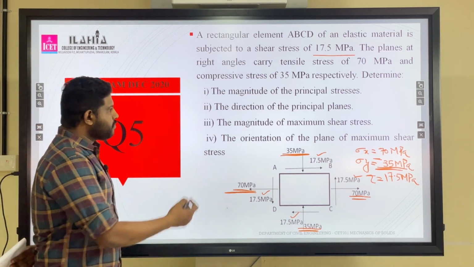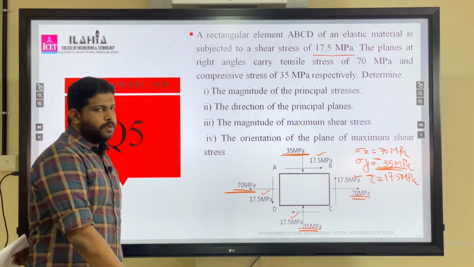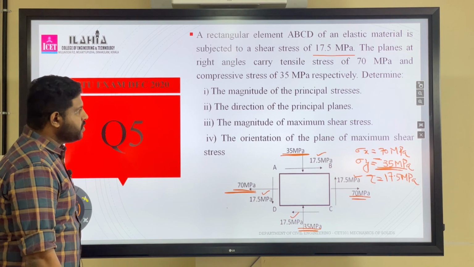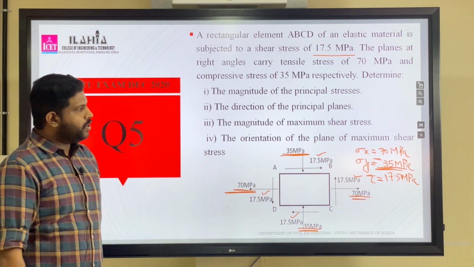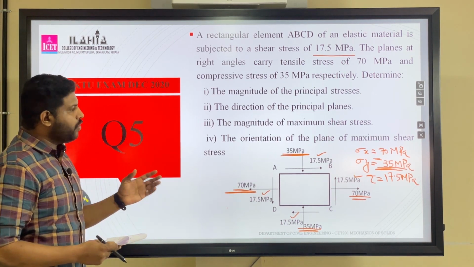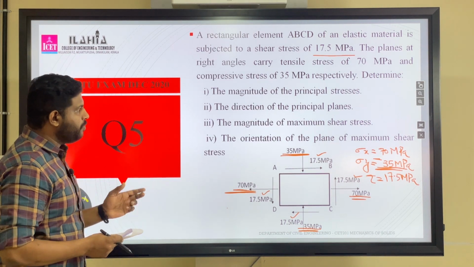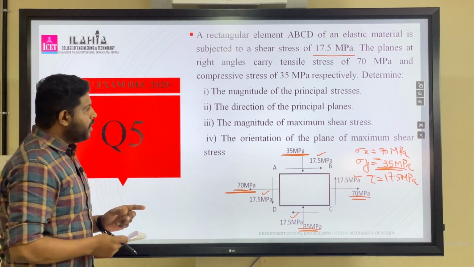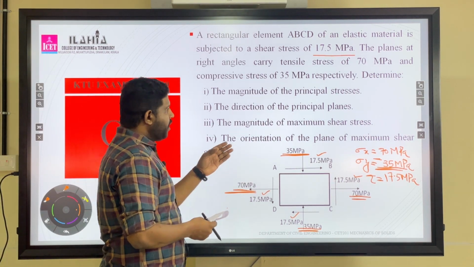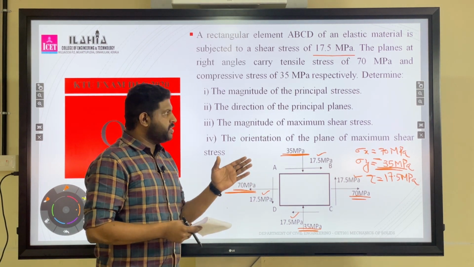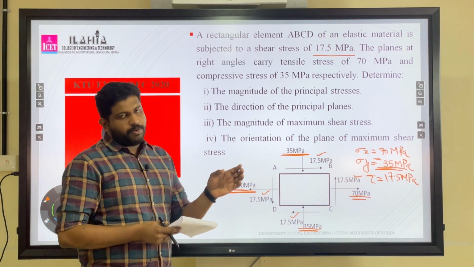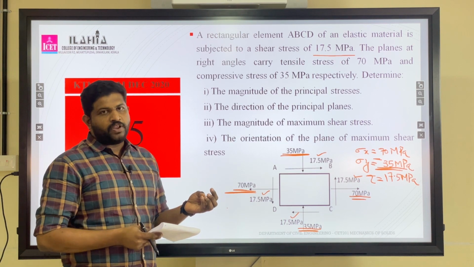Regarding principal planes, these are planes in which the shear stress value will be 0. These planes will have only normal stress. Considering the principal planes, there will be one plane in which the normal stress value will be maximum.